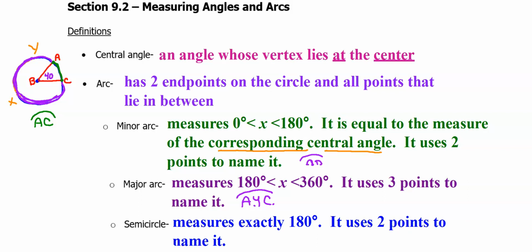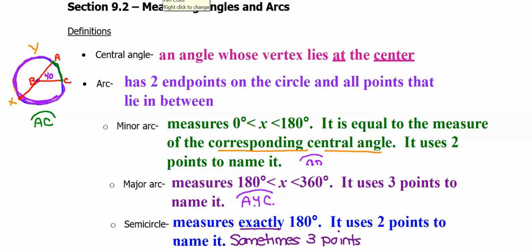And finally, my last type of arc is a semicircle, and it measures exactly 180 degrees, and it uses 2 points to name it, but also sometimes 3. Because it has to be through the diameter, so if I extend this right here over to X, I can see that AX is my diameter.